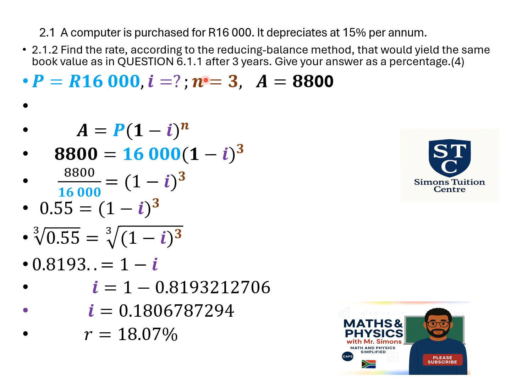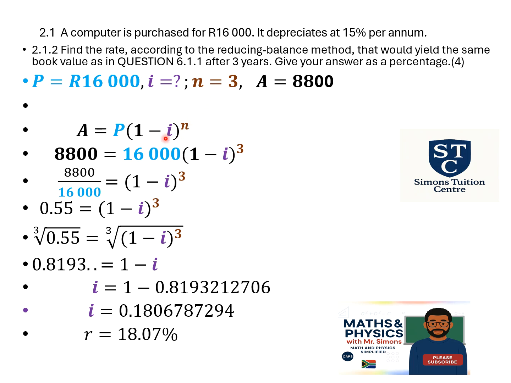Interest, I don't know. n is still 3 years. And A, from the straight line depreciation, we got as 8,800. Now we're using reducing balance, so A equals P times (1 minus i) to the power n. A is 8,800, P is 16,000, and n equals 3.